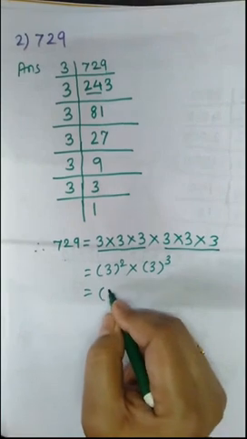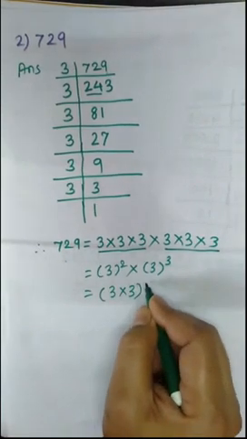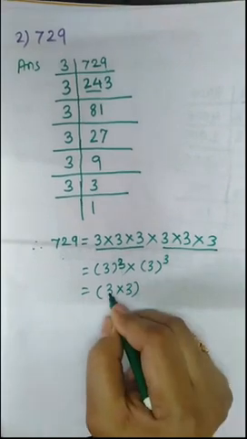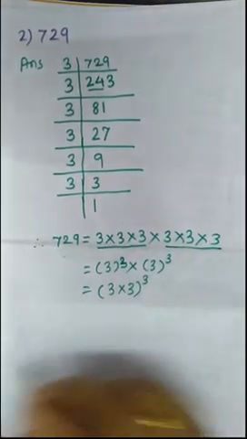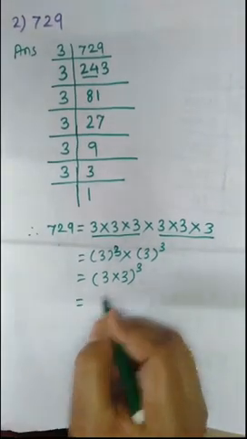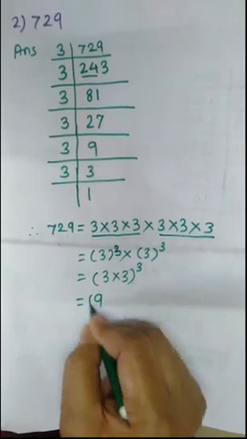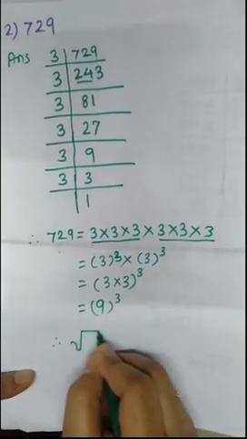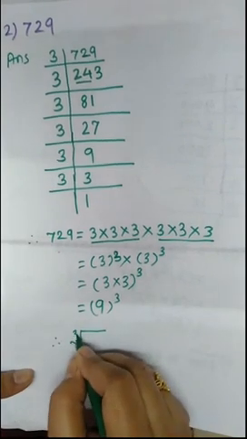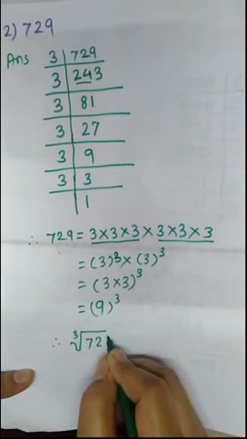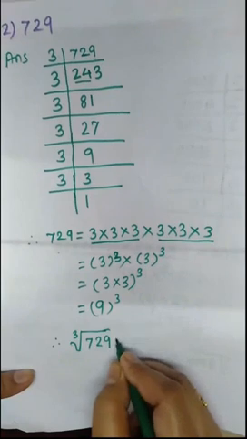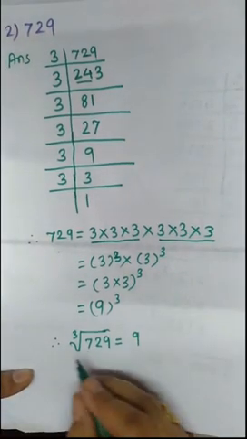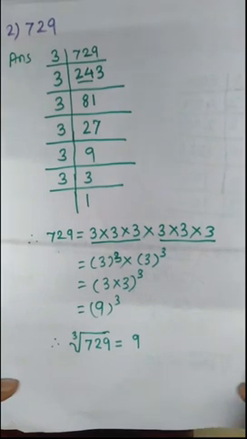Combine this. 3 multiplied by 3 is 3 cube, not a square. 3 multiplied by 3 cube. So 3 3s are 9 cube. So therefore the cube root of 729 is equal to 9. Understood? Very simple.